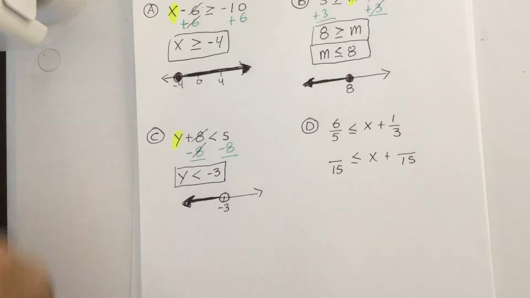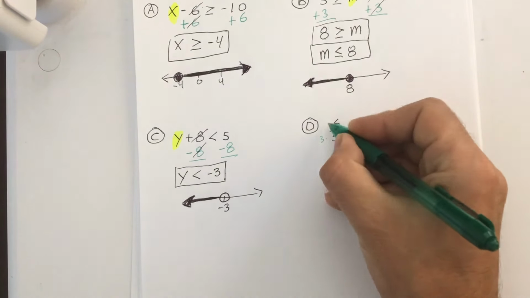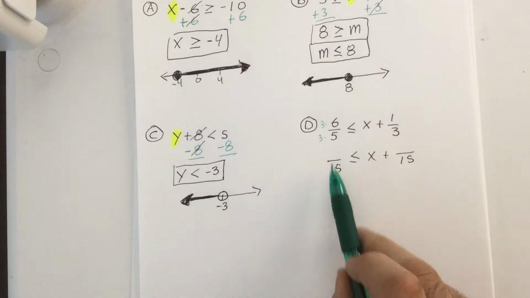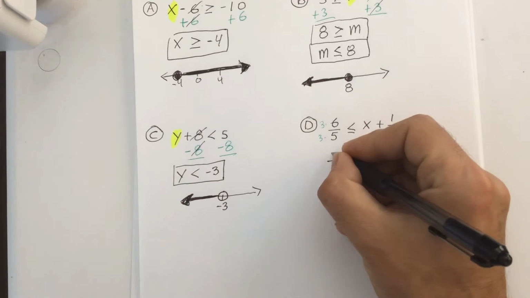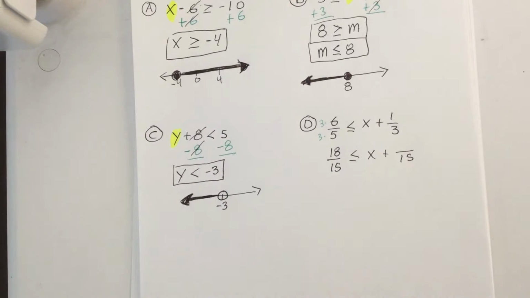So the question is, how do I get this? How do we go from 5 to 15? What do we need to multiply by? Well, we need to multiply this by 3, and also need to multiply the top one by 3. So 3 times 5 is 15, and 3 times 6 is 18. So 6/5 is the same thing as 18/15.